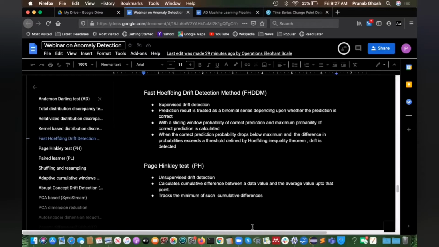So when that probability drops below the maximum, and if the difference exceeds some threshold, it means you're getting more errors, so potentially there is drift. When the difference between the probability of correct prediction and the maximum is above some threshold, and this threshold is defined by something called the Hoeffding inequality theorem.